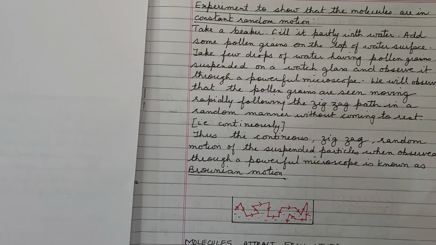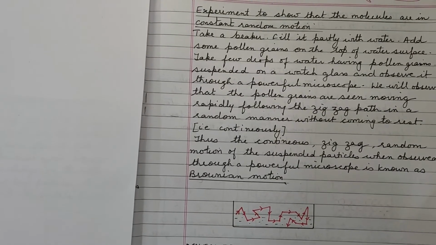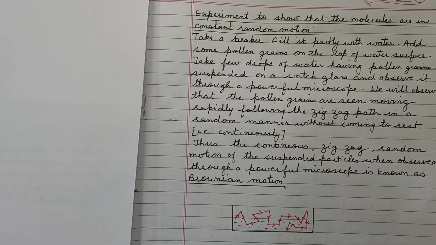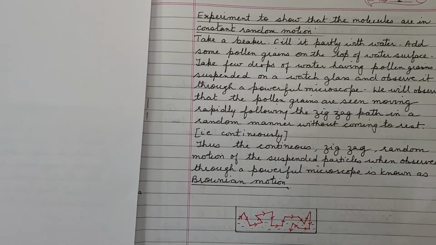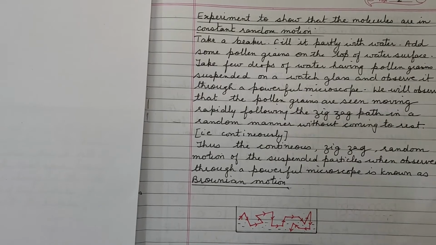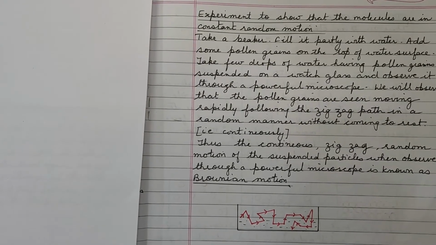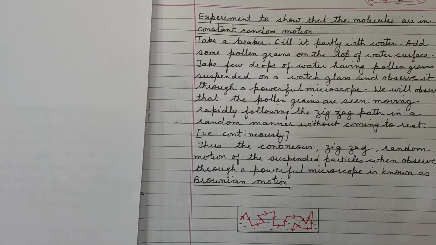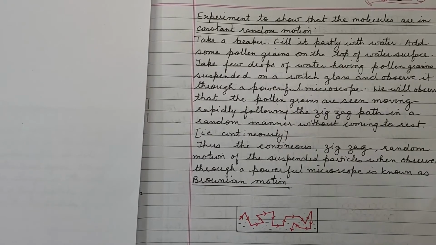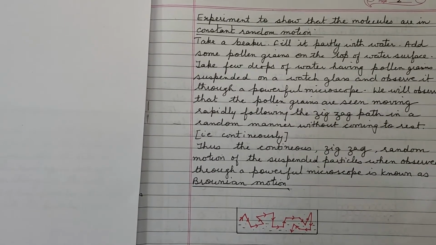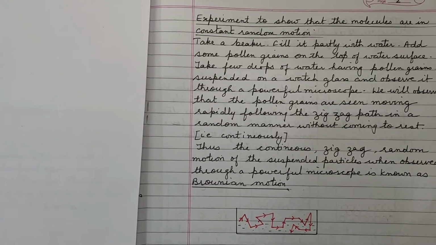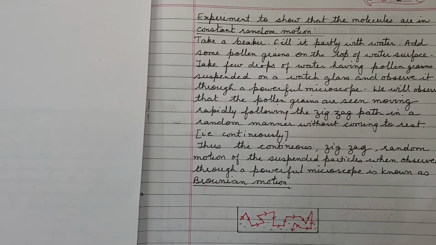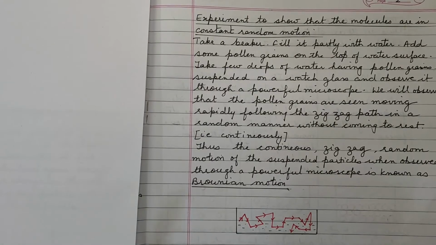Thus, we can say this continuous zigzag random motion of suspended particles when observed through a powerful microscope is known as Brownian motion. And this Brownian motion has been explained on the basis of this diagram.